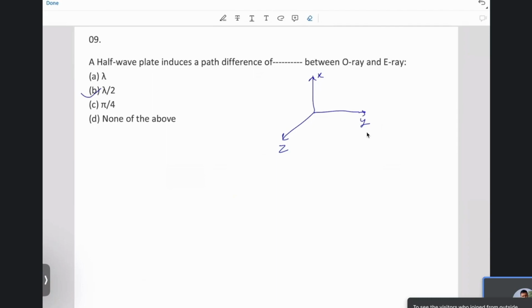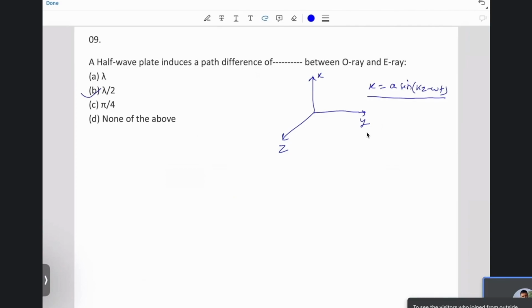The electric field vibrates in a particular direction, and the equation can be written like this. Suppose x equal to some amplitude sine kz minus omega t. This is a standard equation of a traveling wave, right?